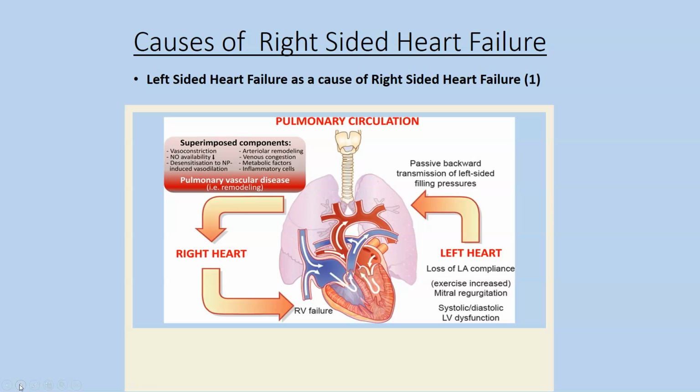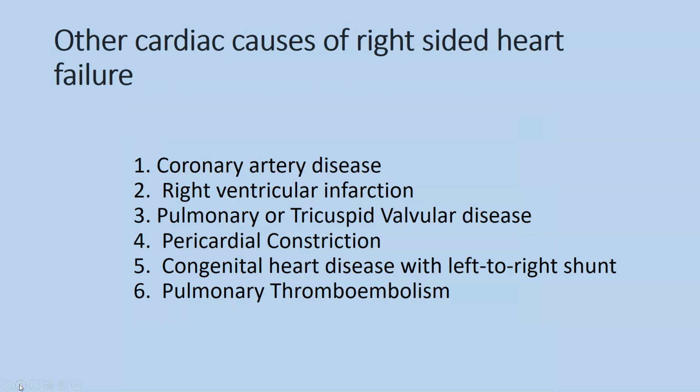The right ventricular pump is not designed to pump against a high pressure system. Over time, this increased ventricular workload damages and weakens the right side of the heart, which then also loses pumping power. Other cardiac causes of right-sided heart failure include coronary artery disease.